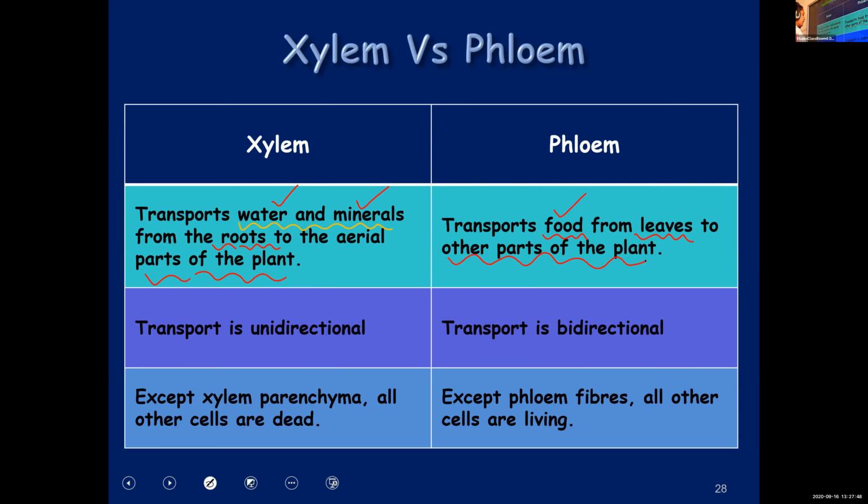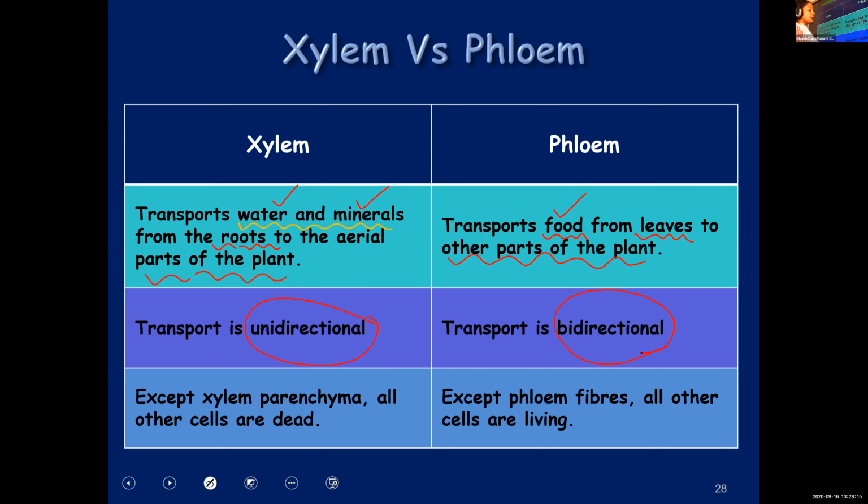Now moving to the second point, the direction of transport. In xylem, the transport takes place in one direction, or else you can say it is unidirectional. Whereas in phloem, it is bidirectional transport. It can get transported both in the upward and downward direction.